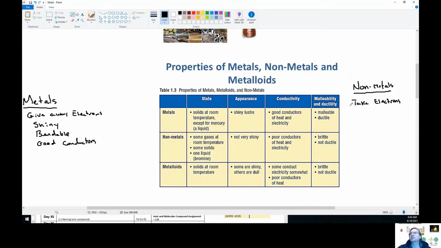The valence wants to balance itself out to make it like a noble gas. Well, instead of shiny, they're dull. Instead of bendable, they're brittle. And they really do not conduct.